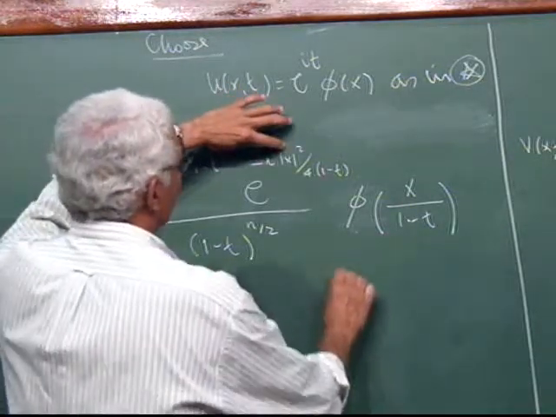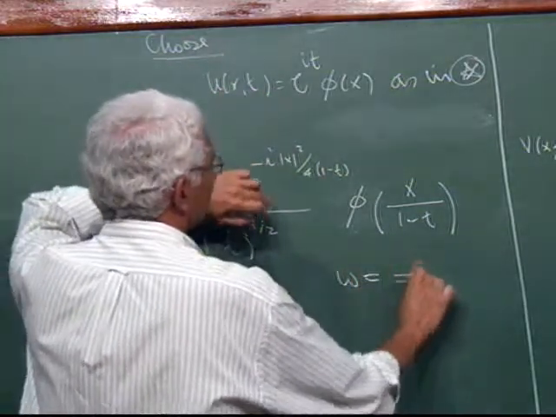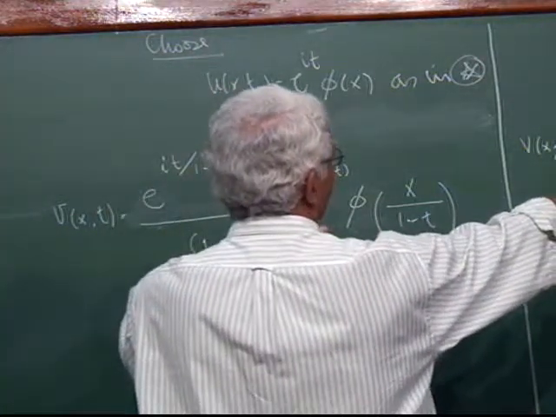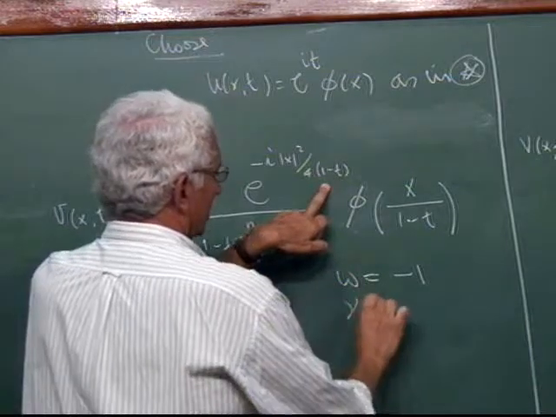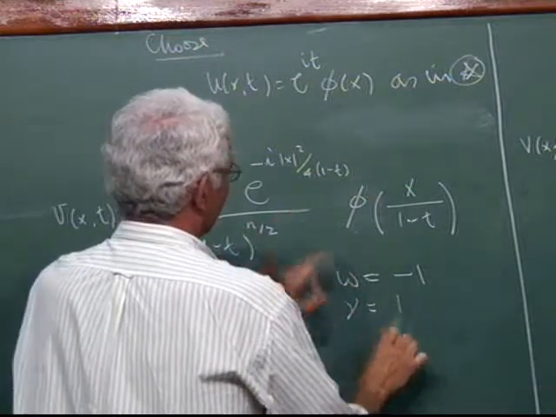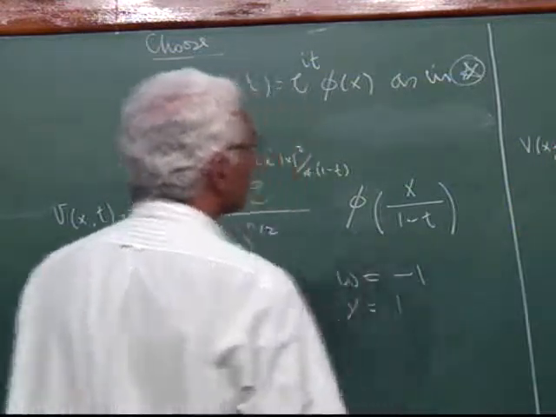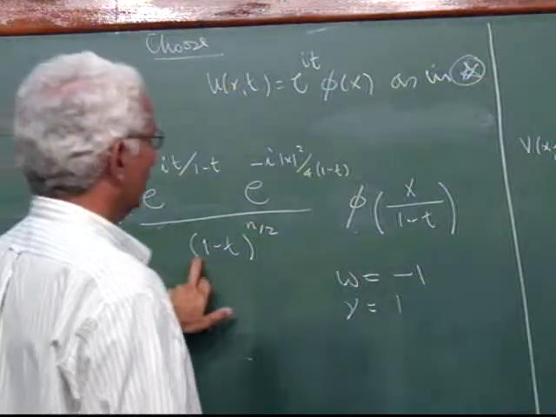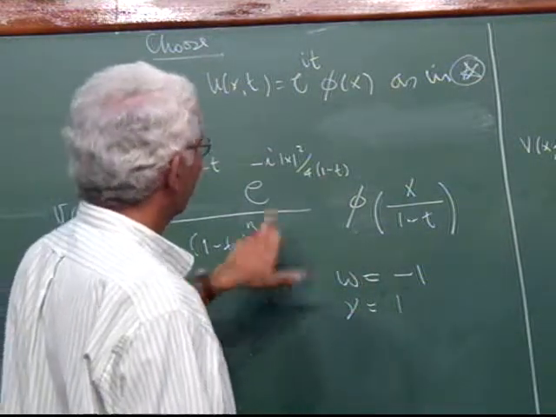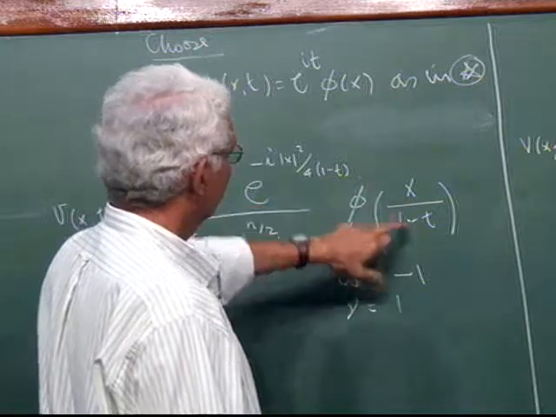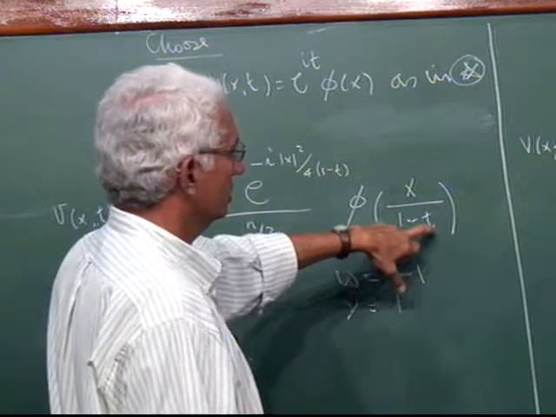w has to be 1, or minus 1, because we have that. This has to be 1. w is minus 1. We have these two. This is 1, this is minus 1.